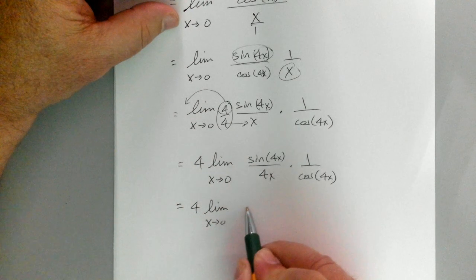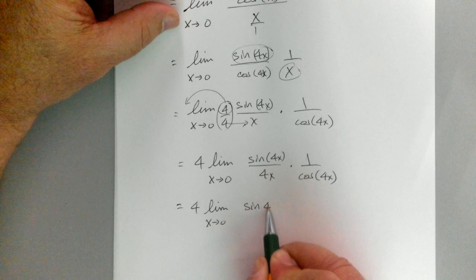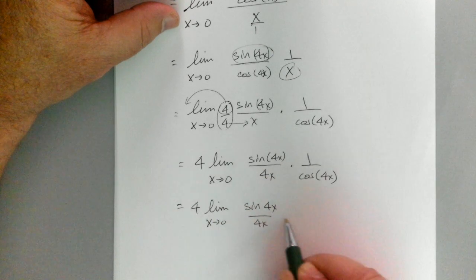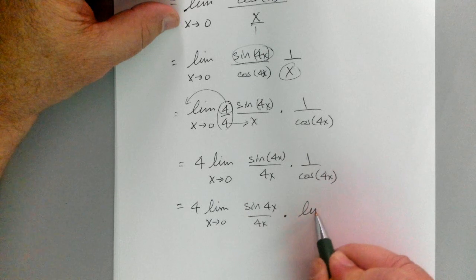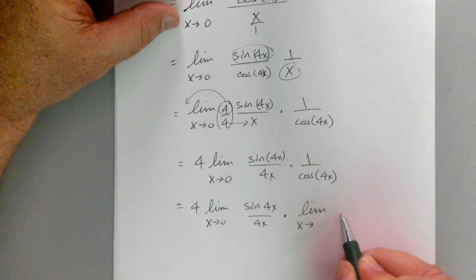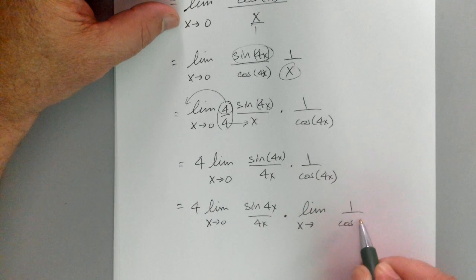So I can split them up now. I have sine 4x over 4x times the limit of 1 over cosine 4x.